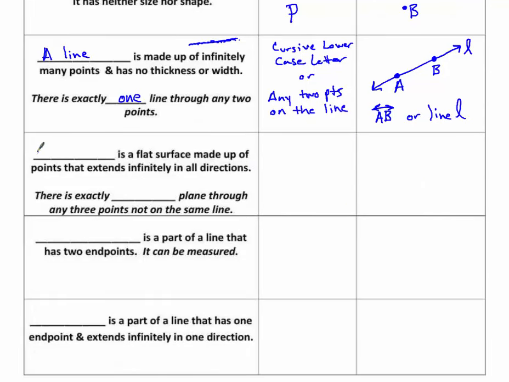Okay, our third undefined term, a plane, is a flat surface made up of points that extends infinitely in all directions. Think of a piece of paper. There's lots of points all over this piece of paper, right?